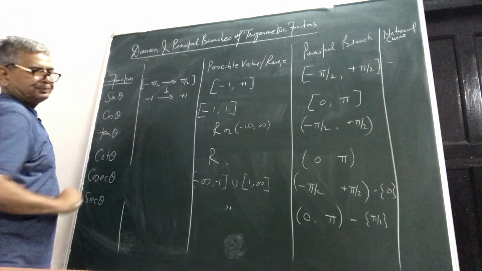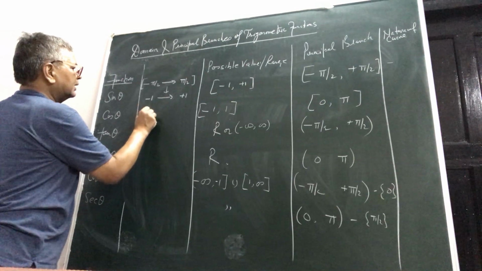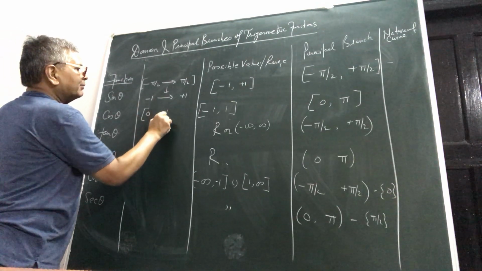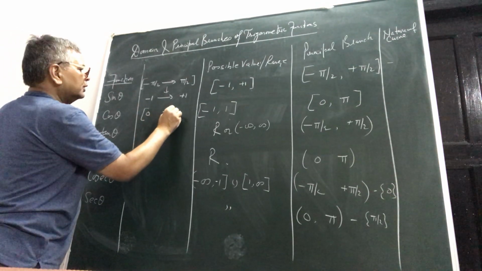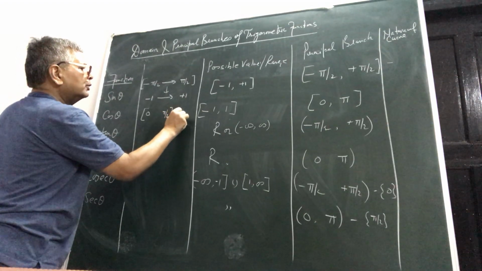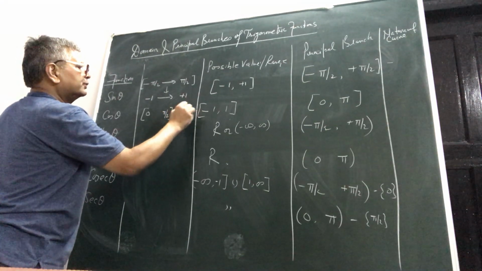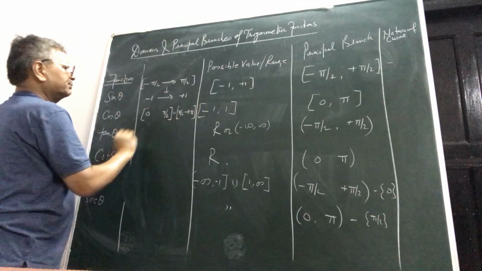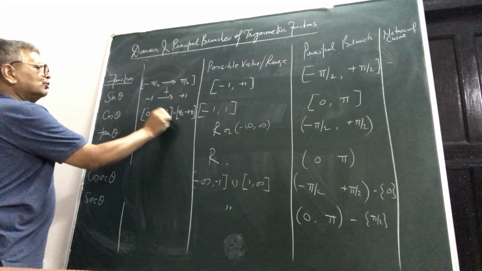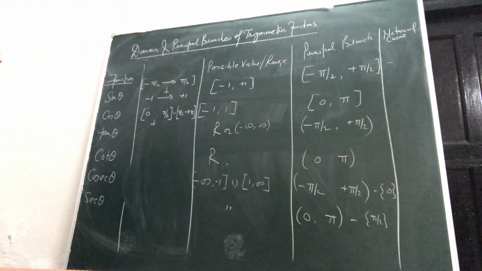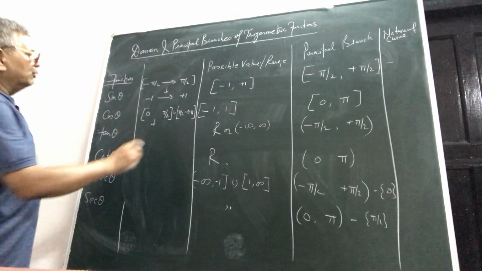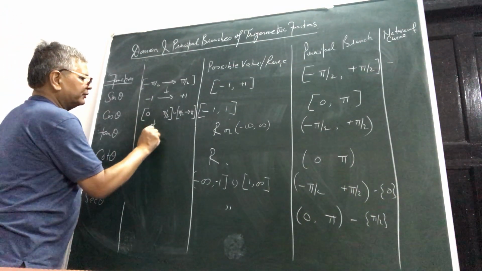For cos theta, you go from 0 to pi. Go from 0 to pi by 2, and then pi by 2 to pi. I am writing it in two parts especially. As you go from 0 to pi by 2, the value of cos theta goes from 1 to 0.